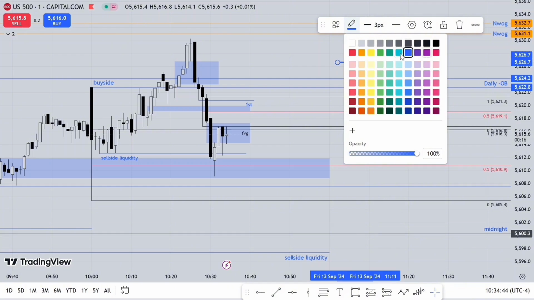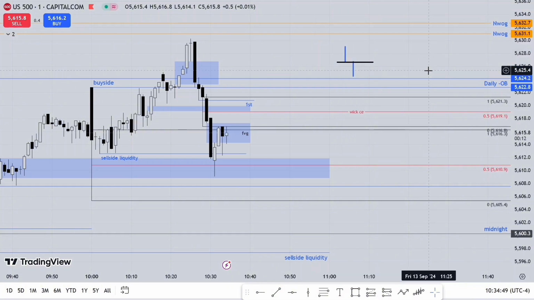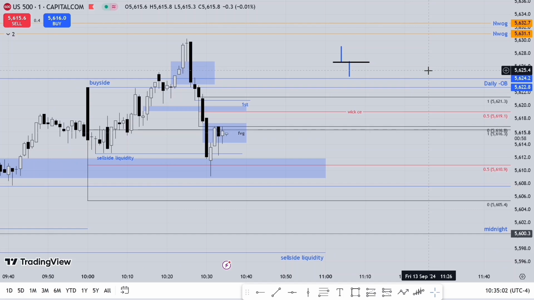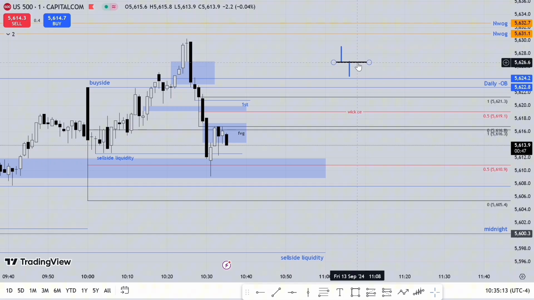What the algorithm sees mostly is just imbalances and liquidities. So when there's an imbalance left in price, the algorithm will be eager to rebalance that imbalance. Does that make sense? That is the whole basic of how price is booked, from imbalances to liquidity pools, from liquidity pools to imbalances. That's all. Let's take this off. I hope you got the illustration.